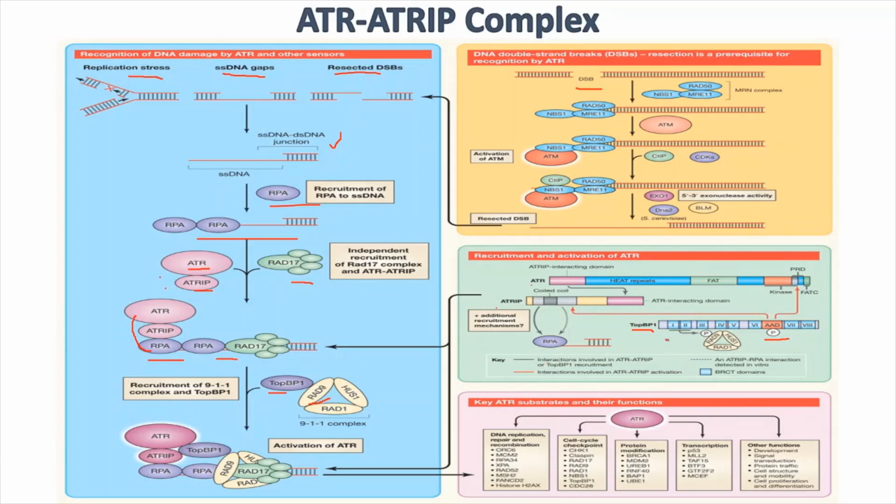So what happens? TopBP1 phosphorylates this 9-1-1 complex, which is formed by RAD9, HUS1 and RAD1. So altogether these are responsible, especially RAD9 is responsible for bringing TopBP1 to the site of damage.